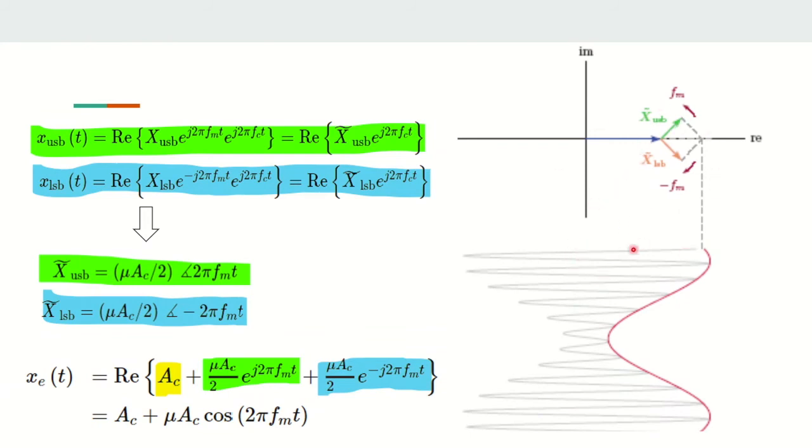When these are all rotating at their associated speeds, the end of our vector will point to our corresponding point on our modulated signal here. If we want to check our work, we can convert our phasor spectrum back into our real spectrum, and of course we will get our original modulated signal back.